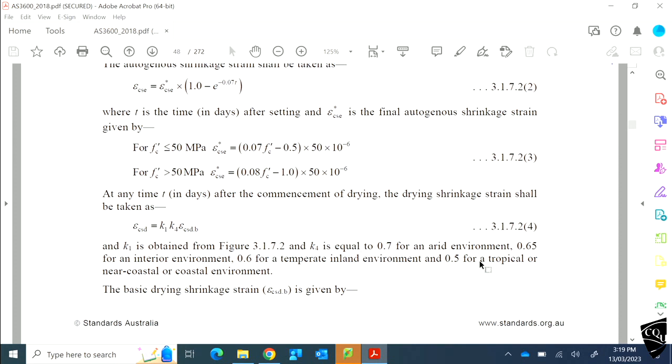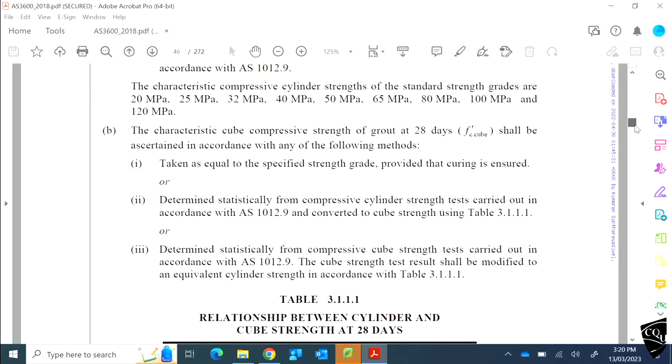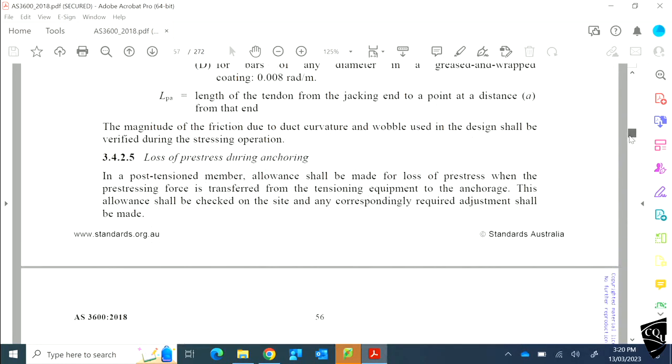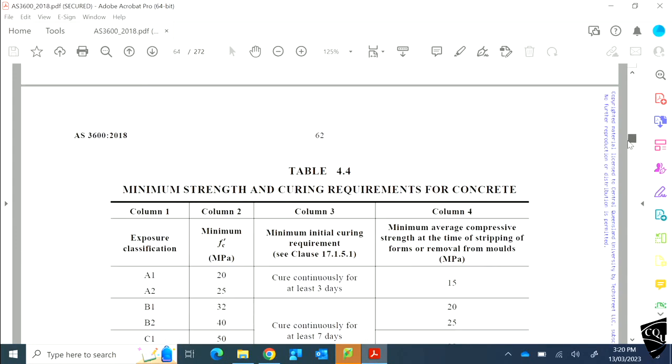So it depends on the environment. So it's an arid environment or interior environment or temperate inland or tropical. So here you should be able to look at that. Interior environment is something like this classroom, so it's not exposed to the environment. Otherwise, if it is external, you should know the Australian map. I think it's given in Section 4.